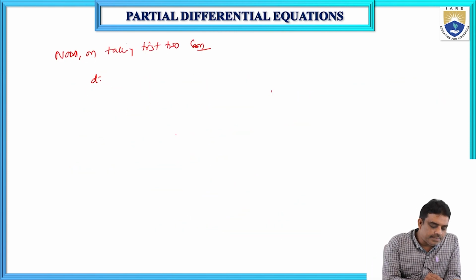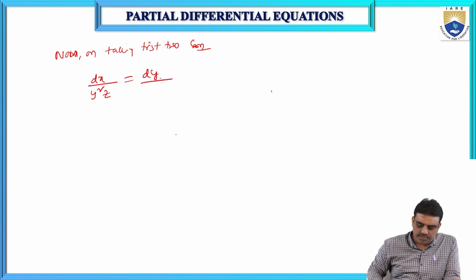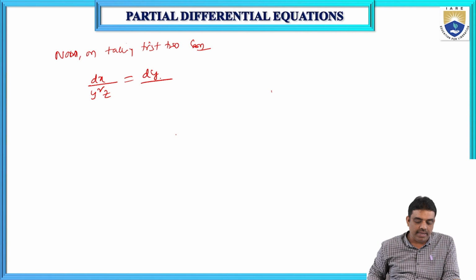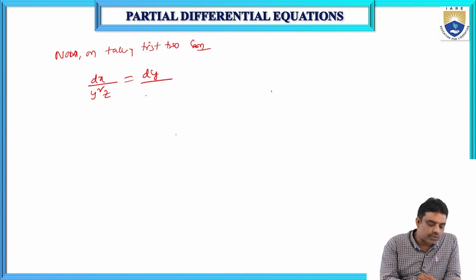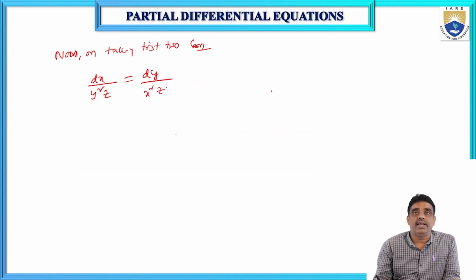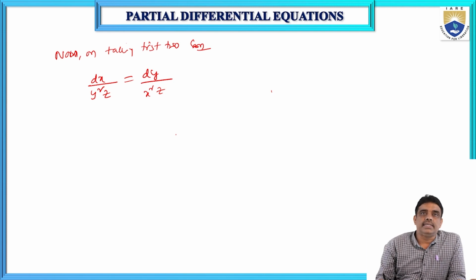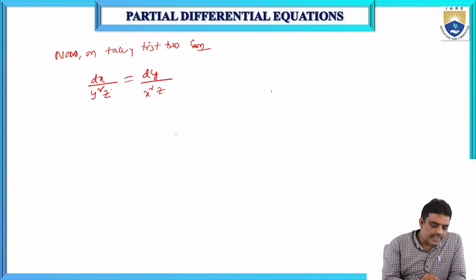Dx by y square z is equal to dy by x square z. So on both sides z cancels. That is x square dx is equal to y square dy.